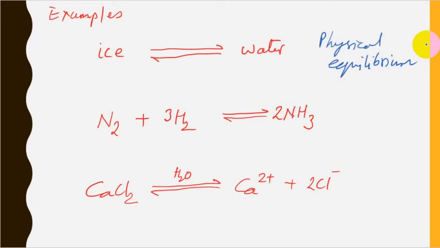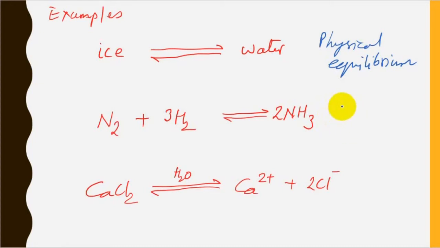So whenever the equilibrium is established between some changes where only physical change is taking place, then we'll term it as physical equilibrium. But if I take the second one, in that case a chemical reaction is taking place, and that also can attain equilibrium.